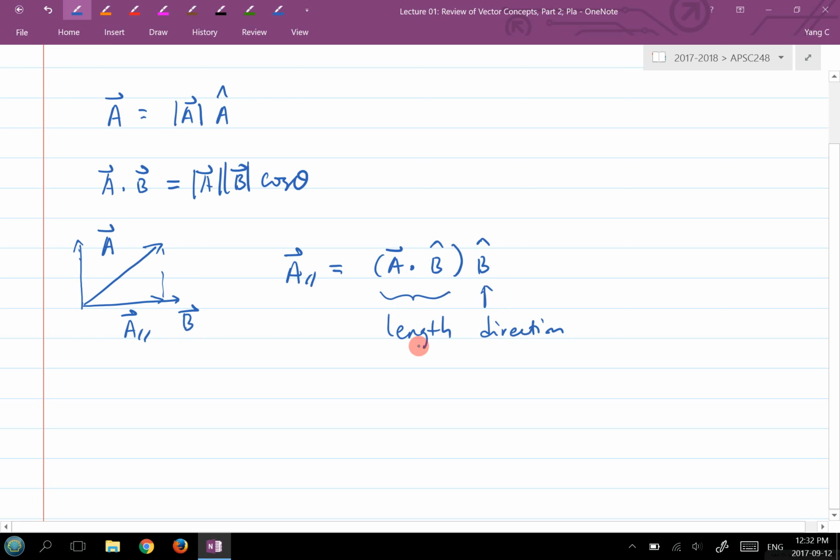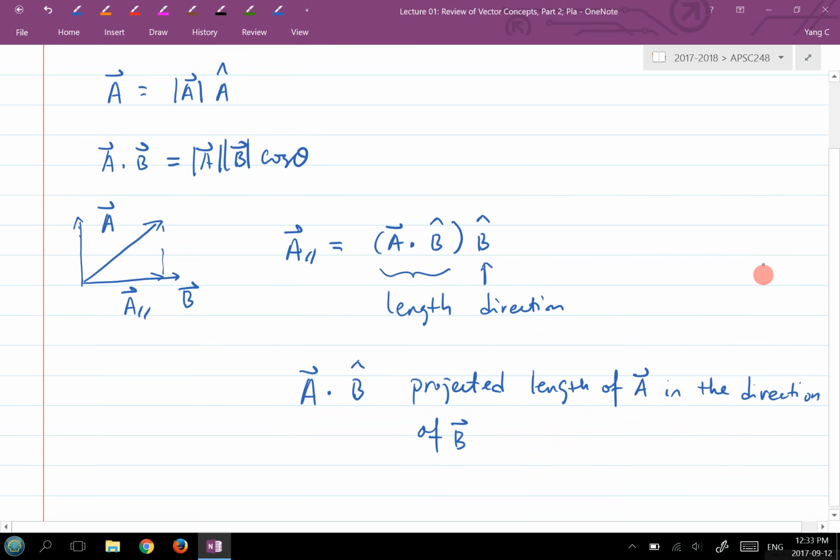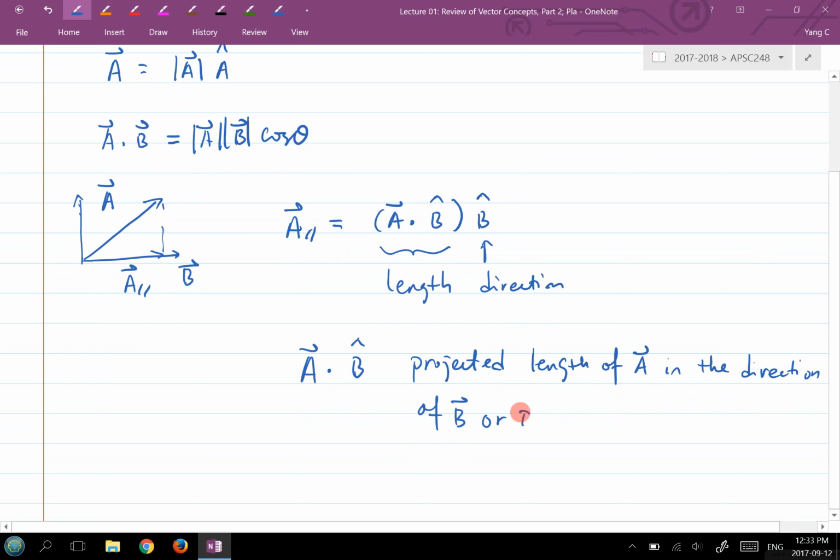And the expression for the length here is actually quite useful. This quantity, A dot B hat, is the projected length of A in the direction of B. It's a very useful quantity.